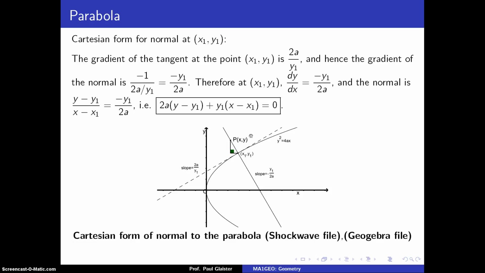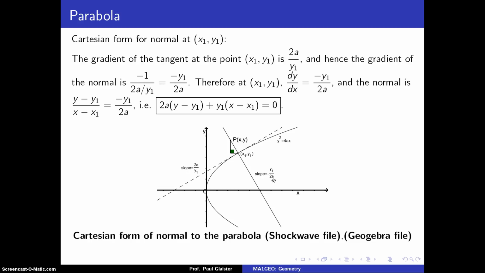The normal in Cartesian form can again be derived. It's shown here in the box, and this time, since we know that the gradient in Cartesian form of the tangent is 2a over y1, then the gradient of the normal is minus 1 over that, which is this expression.